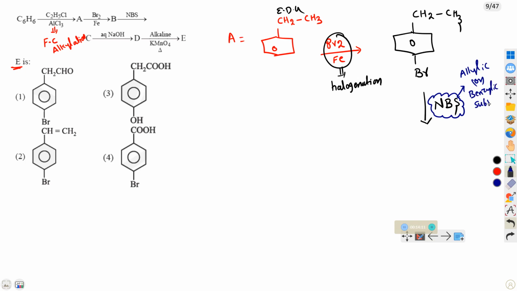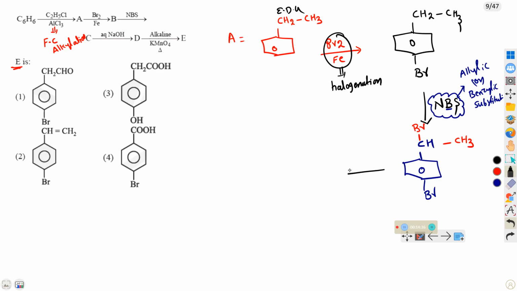Substitute bromine at benzylic position. In the place of benzylic hydrogen, substitute bromine.